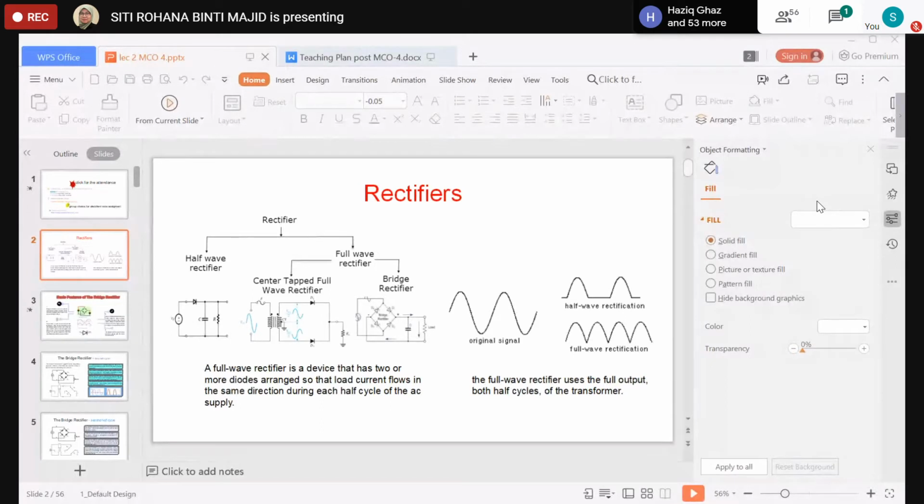Diagonal pairs means one set of opposite diodes will be on, and the other set of opposite diodes will be off. Why? Because forward bias turns the diode on and reverse bias will cause the diode to be off.